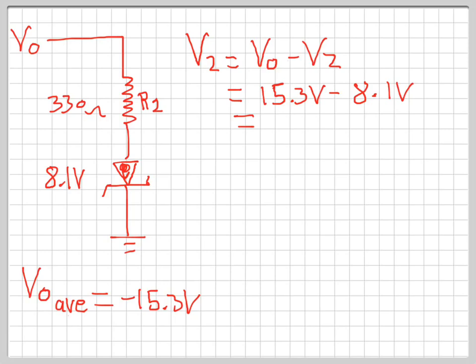Okay, 15.3 minus 8.1 equals minus 7.2 volts average.